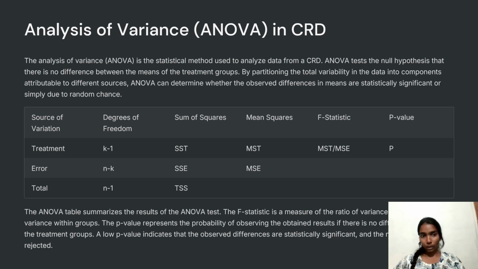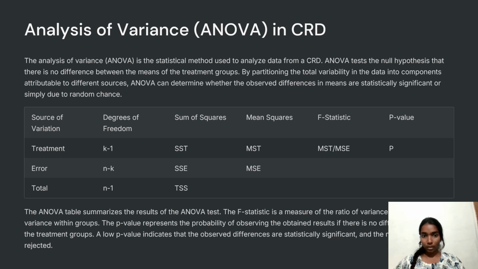Next, we'll move on to analysis of variance, that is ANOVA, in CRD. The analysis of variance, ANOVA, is the statistical method used to analyze data from a CRD. ANOVA tests the null hypothesis that there is no difference between the means of the treatment groups by partitioning the total variability in the data into components attributable to different sources.